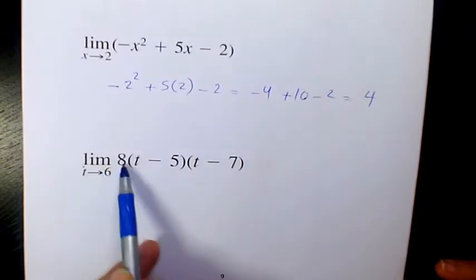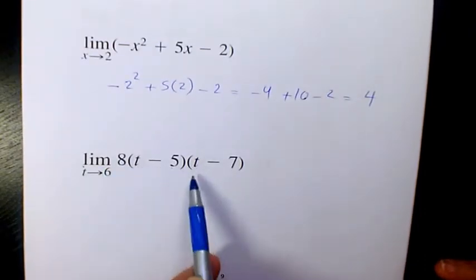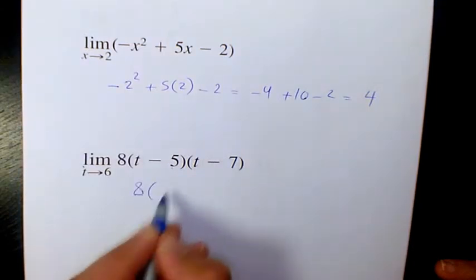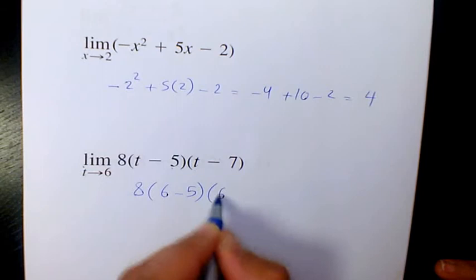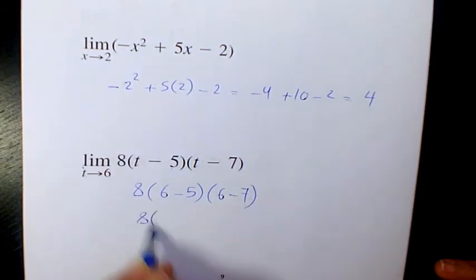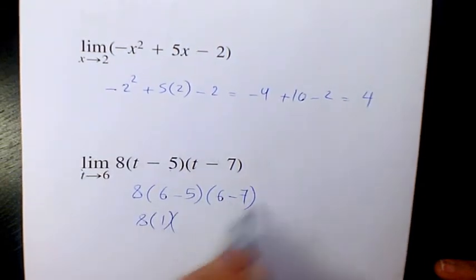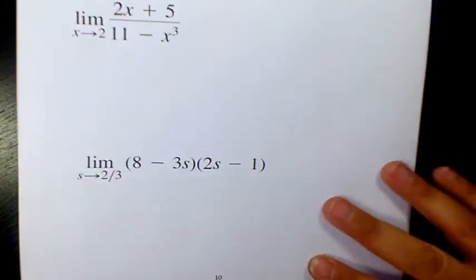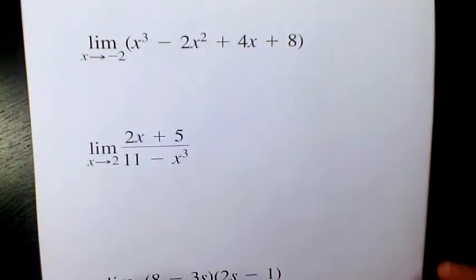Next one, limit of 8 times (t − 5) times (t − 7) when t approaches 6. So it's going to be 8 times (6 minus 5) times (6 minus 7). 6 minus 5 is 1, 6 minus 7 is negative 1. So 8 times 1 times negative 1 is going to be negative 8. Next example.